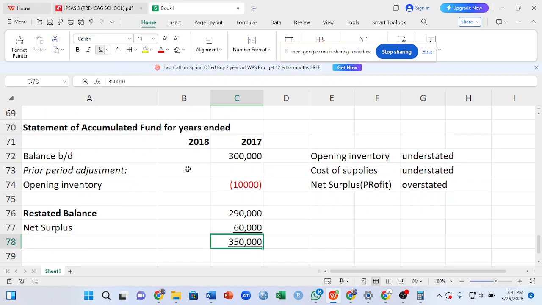And usually we'll say closing balance becomes opening balance, right? Yes, but we have to add the profit to it. So this 350 here will be the restated balance for 2018.